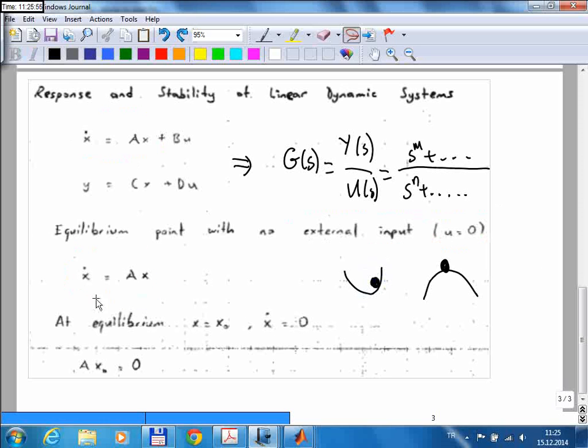And in this case, the equilibrium point is defined as follows. x dot should be equal to 0. That means A times x0 is equal to 0, where x0 is the equilibrium value of the state vector. So the equilibrium point can be found using this equation. A is some constant matrix. We multiply that constant matrix with this constant state vector, and the multiplication should be equal to 0.